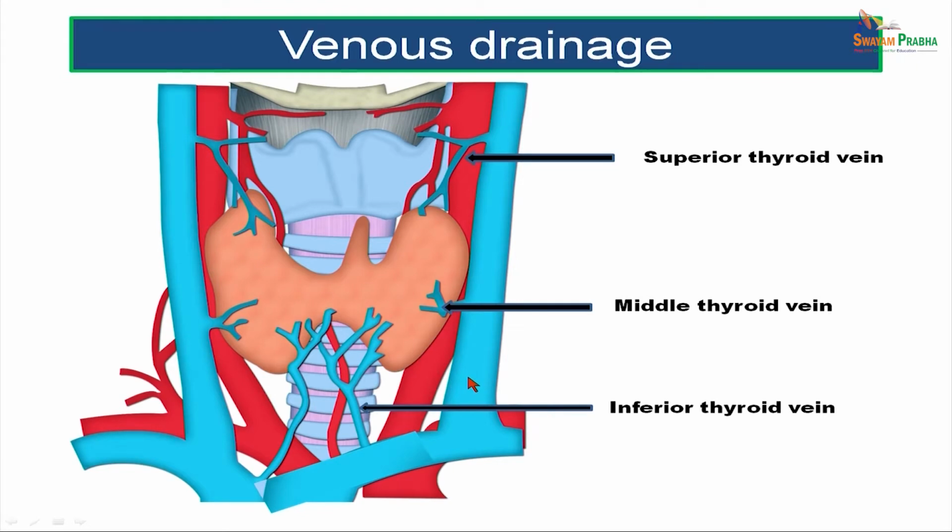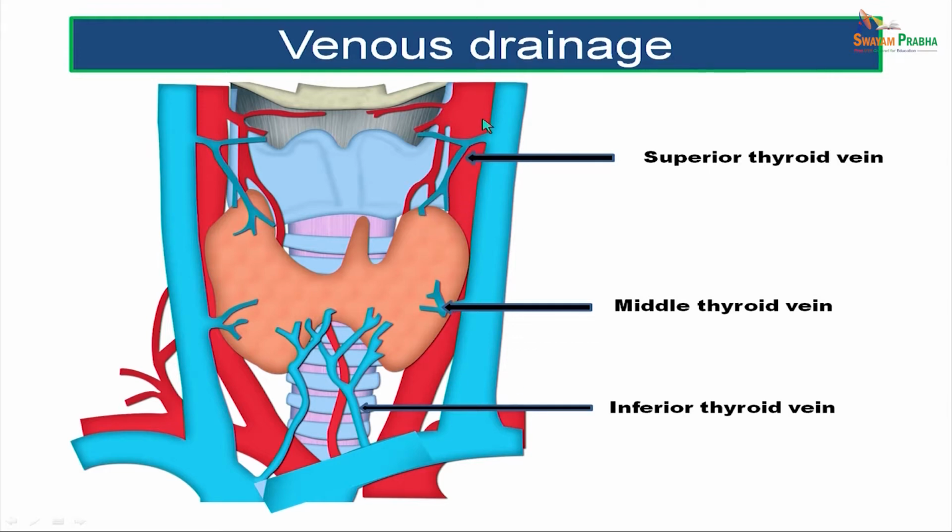Now, let us look at the venous drainage of the thyroid gland. The veins do not accompany the arteries. You find the superior thyroid vein, which starts from the apical aspect of the lateral lobe of the thyroid gland.